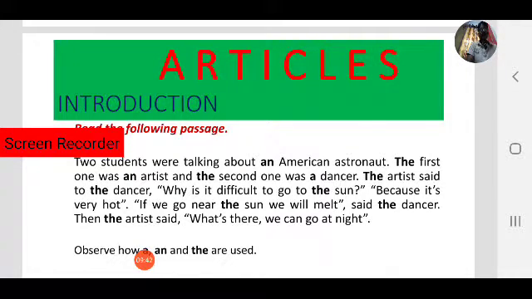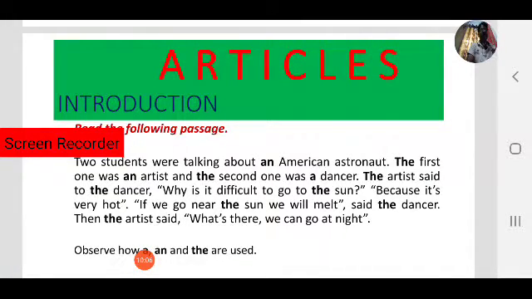Like, the artist said to the dancer. Here observe that in the previous line we used an artist and a dancer. Next, again we are going to refer to them again. So that's why an artist becomes the artist, a dancer becomes the dancer. Here observe where we use the.